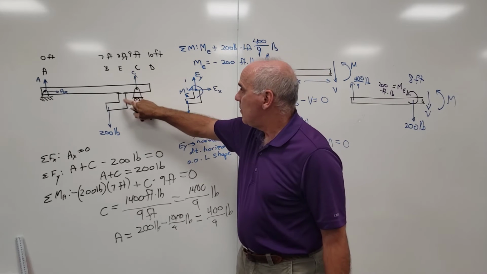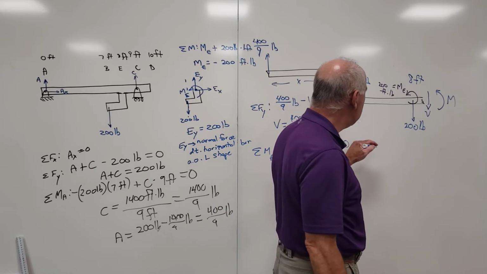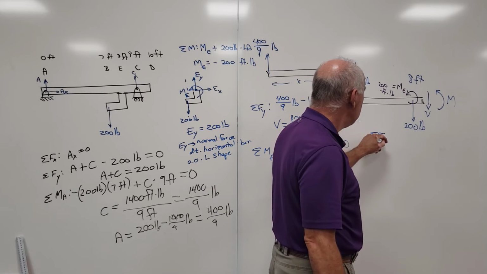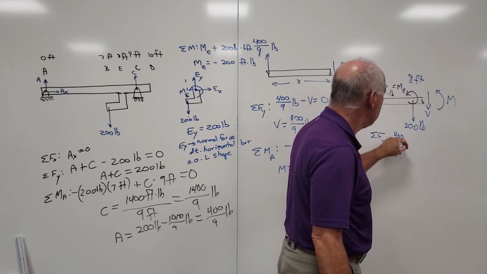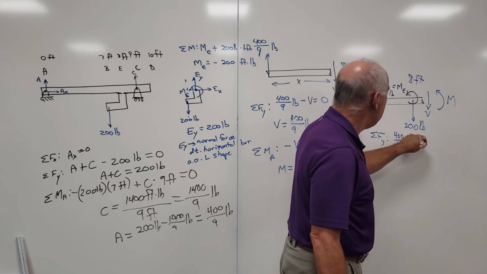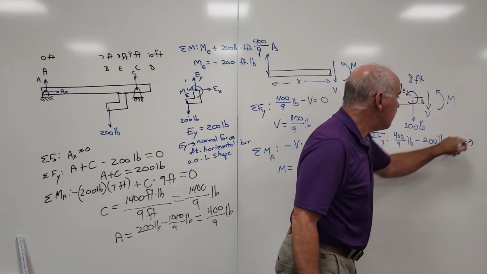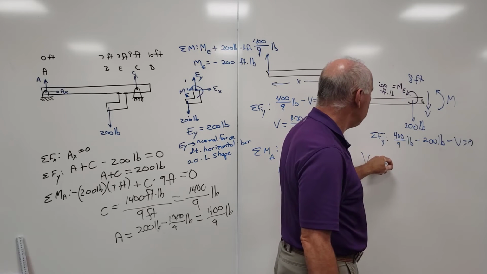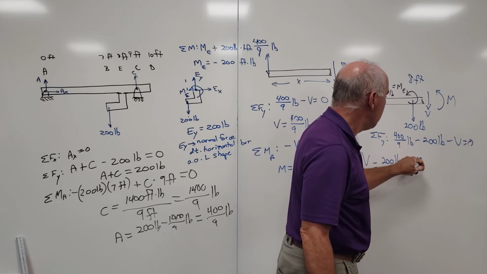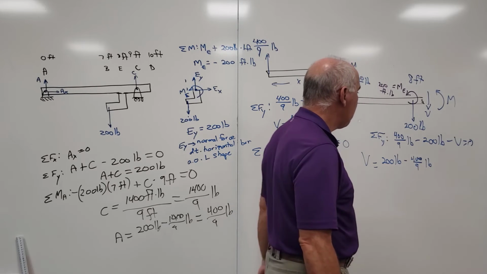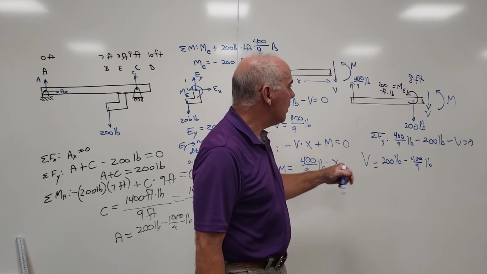Then, when I look at the sum of the forces in the Y, I've got 400 over 9 pounds minus 200 pounds minus V is equal to 0. And so V is equal to 200 pounds minus 400 over 9 pounds. Whatever that turns out to be, we don't really care. I mean, we kind of care, but you can calculate that out.